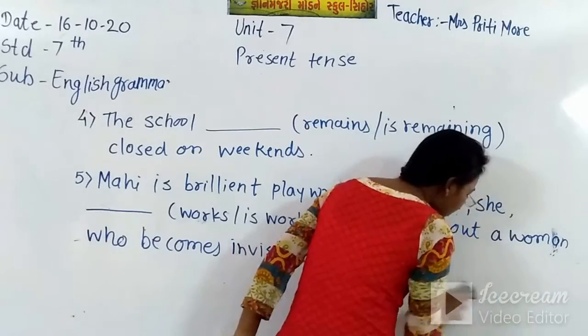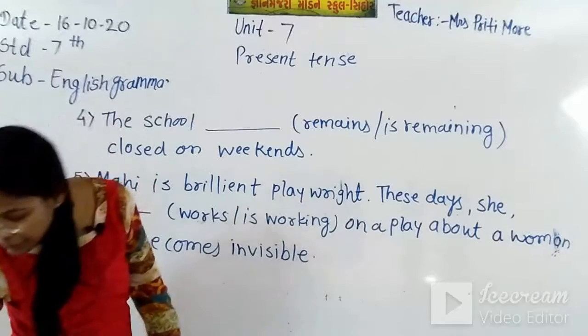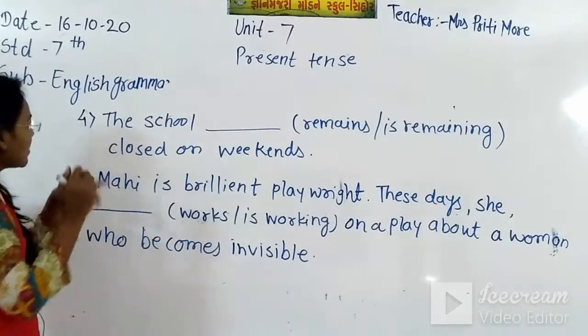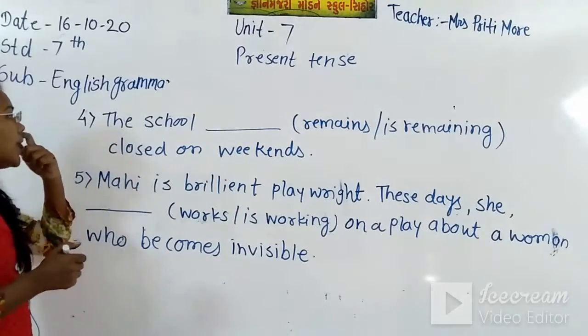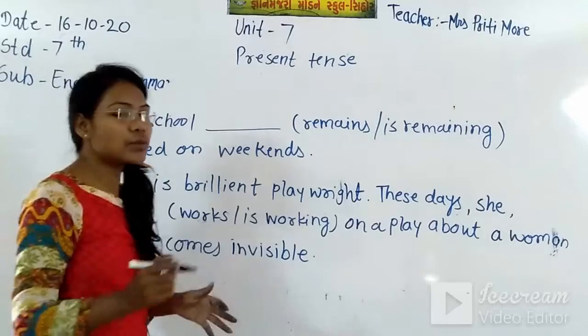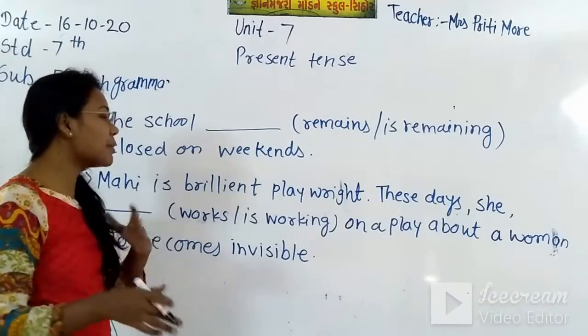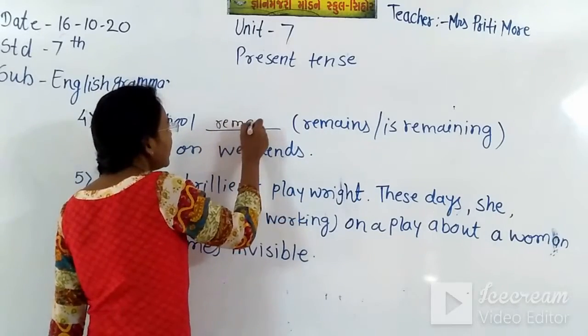Now the fourth and fifth sentence I have written on the board. Now let's see which suitable verbs are there. So the first one, the school blank space closed on Wednesday. That means this is a general truth. So here we use the simple present tense, and in the simple present tense we use V1, remains.